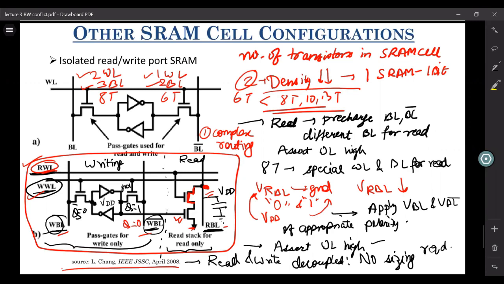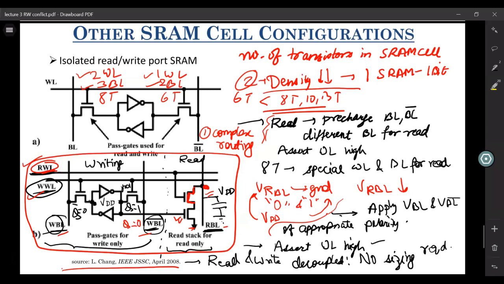Then for advantages, you will do the read and write operations using the same steps that we have followed here. That is, during read we do these 2 steps, during write we do these 2 steps. And if during read and write you find some potential benefit of that SRAM cell, you'll have to note that.